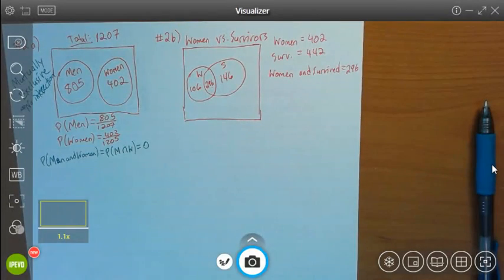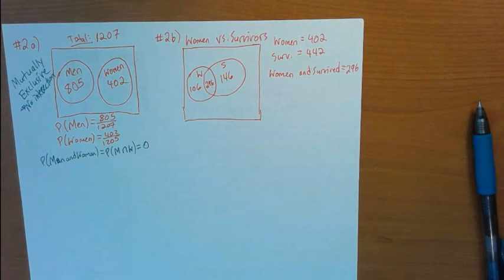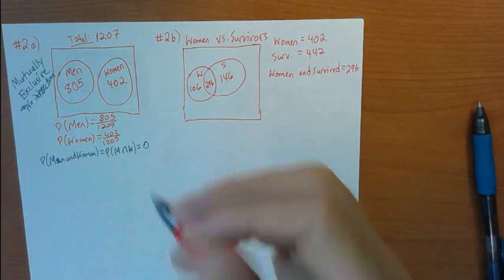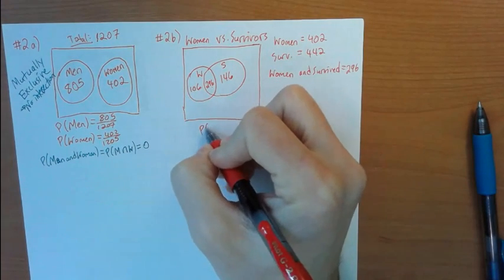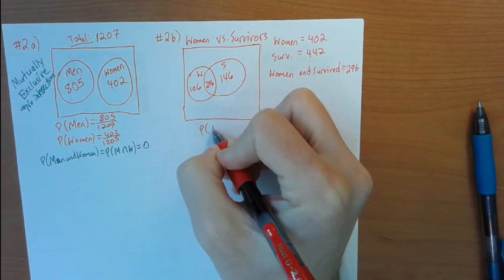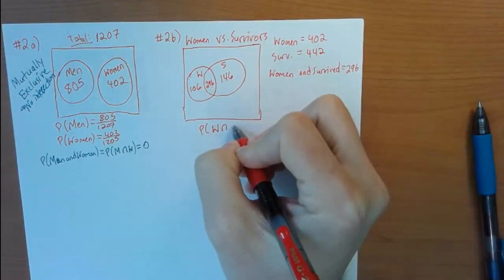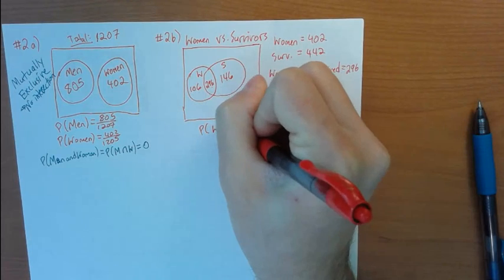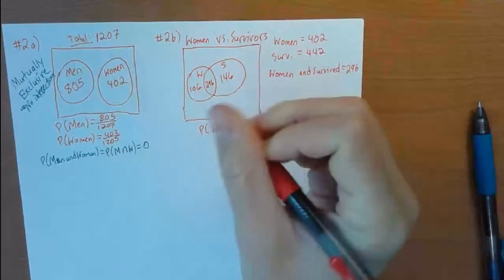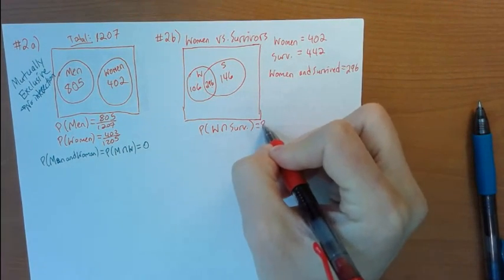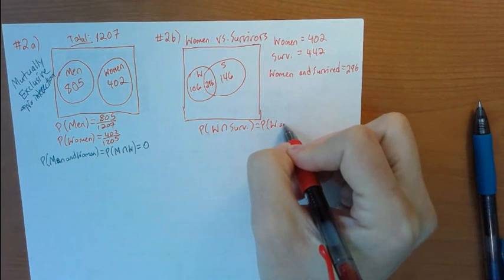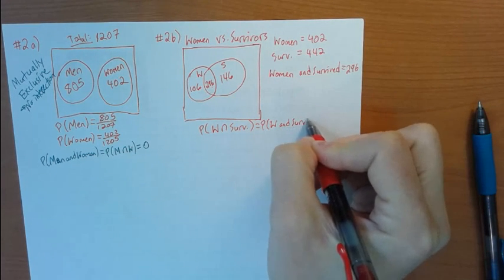So if we wanted to write out some probabilities here for our situation, we could think about a couple different ones that we could find. So two probabilities that we can find with this is that we could do the probability of picking someone who is both a woman and survived. So that's intersection, remember. So that is the same thing as woman and a survivor.